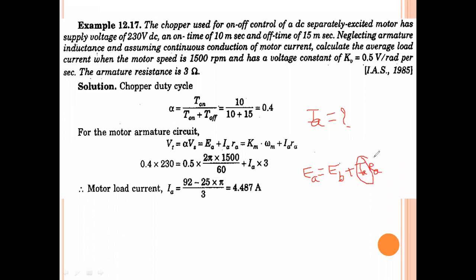We don't know IA. We know RA, the armature resistance, which is given as 3 ohms. And we don't know EB, but we can calculate EB. How? We know EB is K phi, or Ka into phi into omega. This is the EB value.